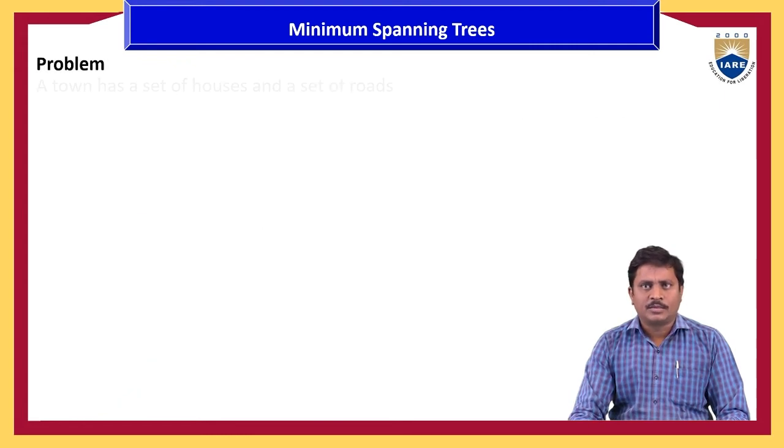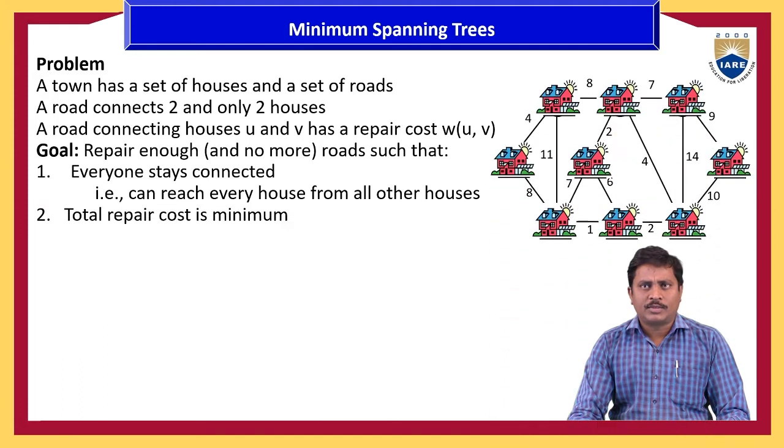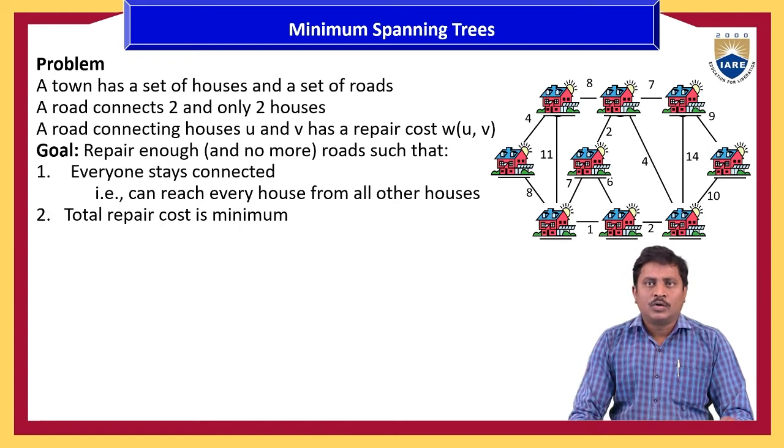Next, where else do we use the minimum spanning tree? Once again, here some problem is given. A town has a set of houses and a set of roads. A road connects two and only two houses.